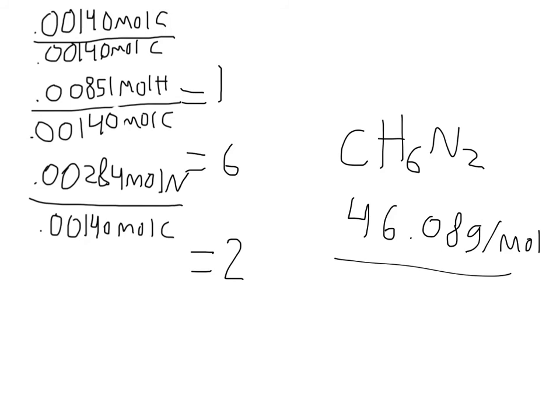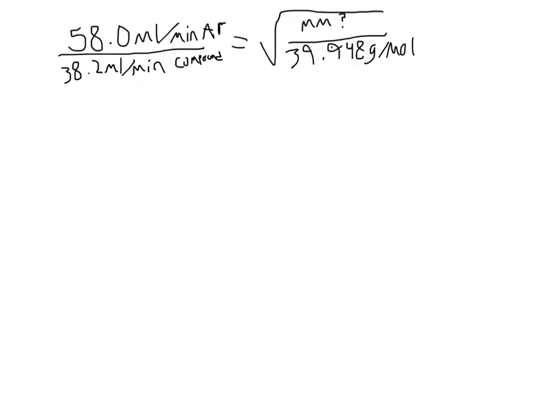Now we'll find the mass of the molecular formula using the effusion. What we have here is the rate of argon, which was given to us, 58.0 milliliters per minute. I put that over the rate of the compound, which was 38.2 milliliters per minute. Set this equal to the square root of the molar mass of our compound, which we don't know, over the molar mass of argon, which is 39.948 grams per mole.